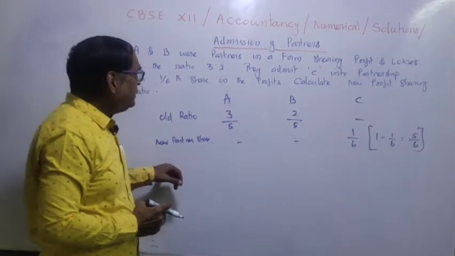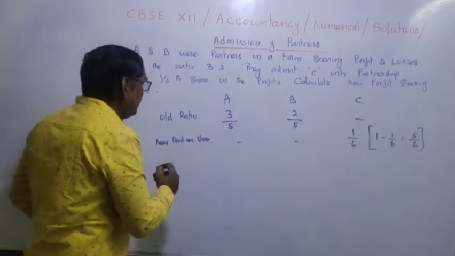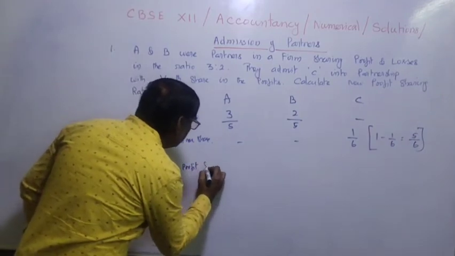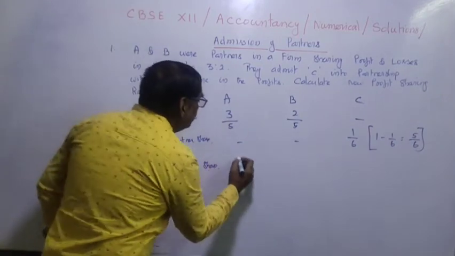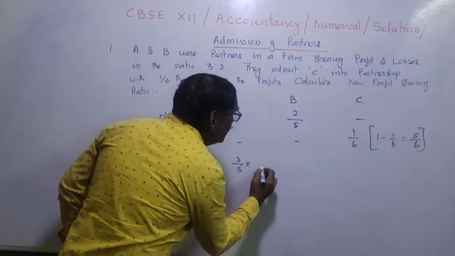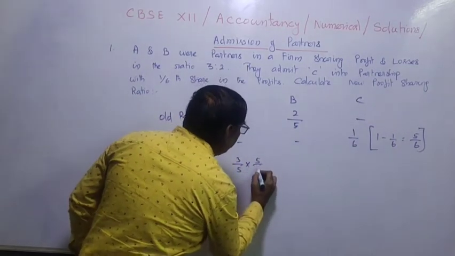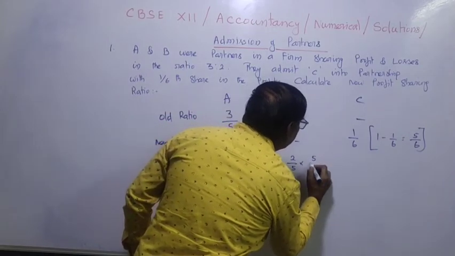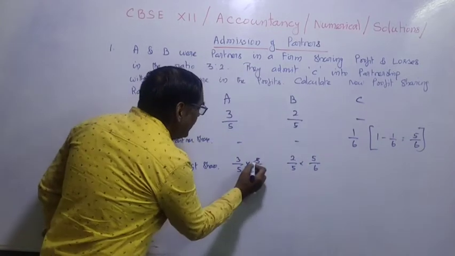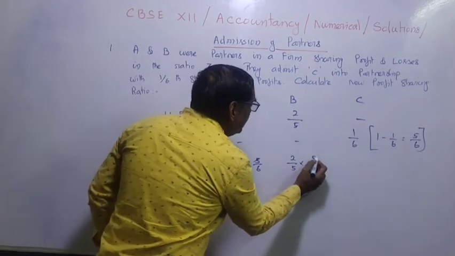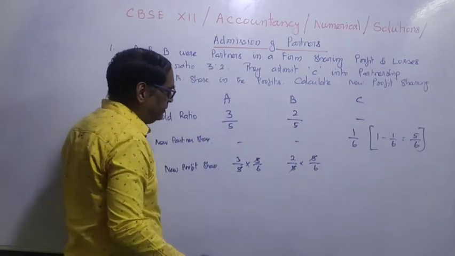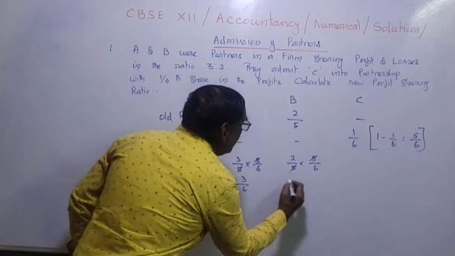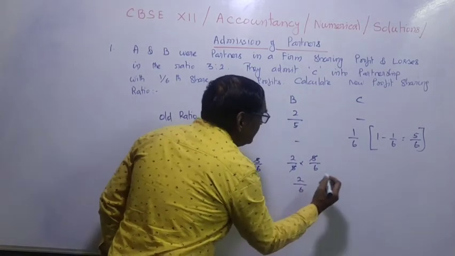The new profit sharing ratio will be 3 by 5 into 5 by 6, 2 by 5 into 5 by 6. So 5 cancelled, 5 cancelled, and the ratio will be 3 by 6 and 2 by 6.